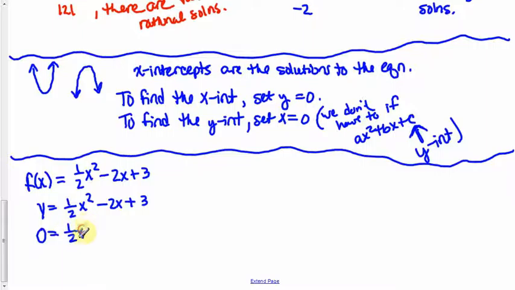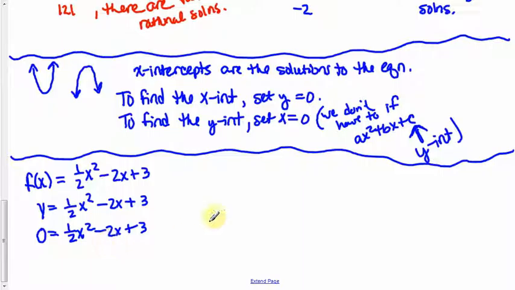1/2 x squared minus 2x plus 3. Is this one that I did earlier? It's similar. Oh, it is. Okay, so I found the discriminant a minute ago for it, but I'll just go ahead because I didn't solve it.